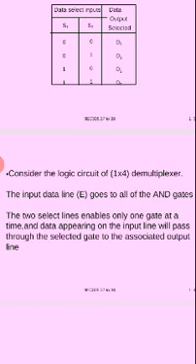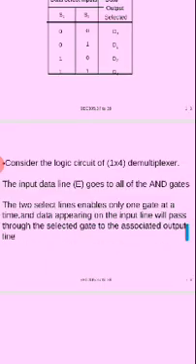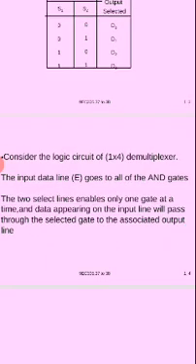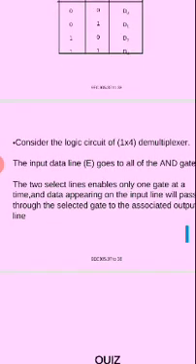Consider the logic circuit of 1 to 4 demultiplexer. The input data line goes to all of the AND gates.